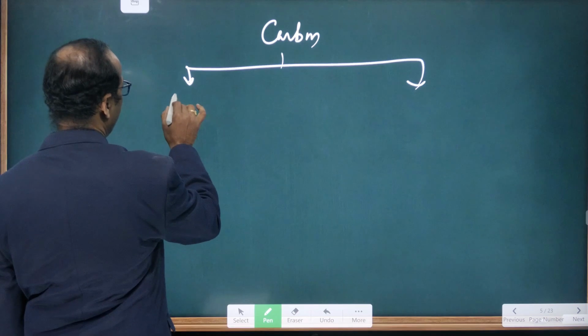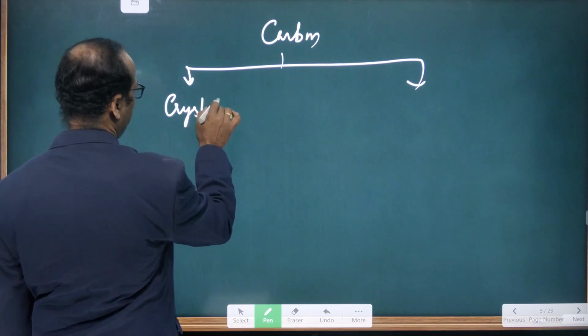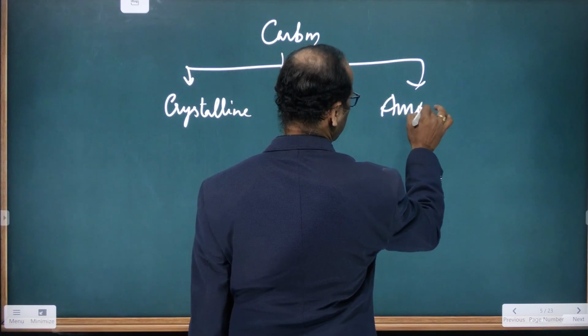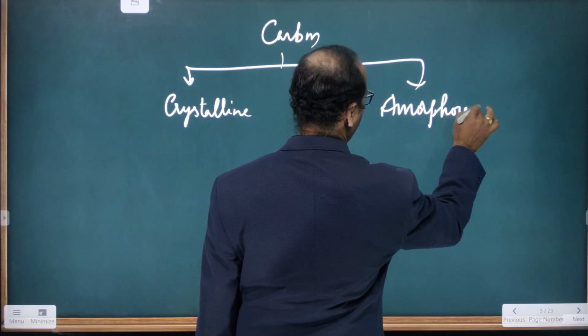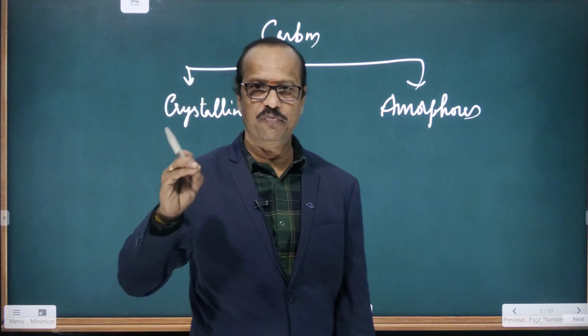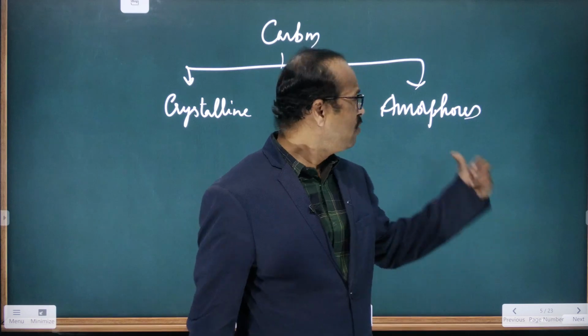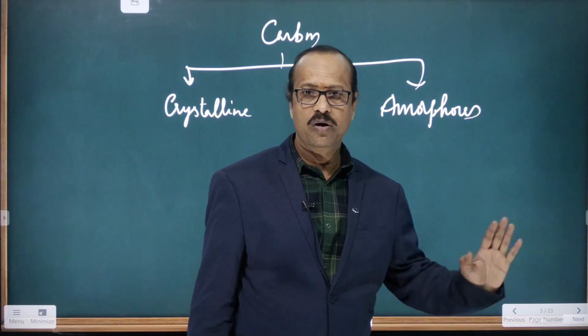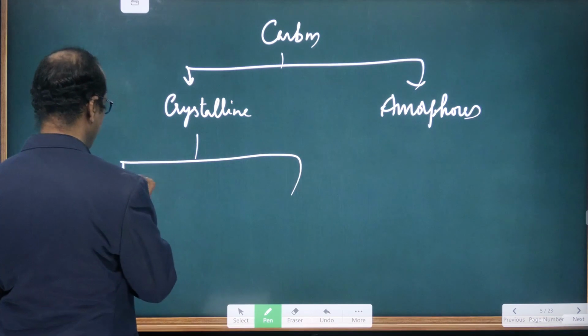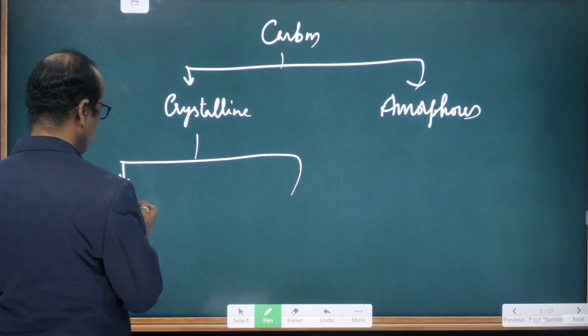Carbon is available in crystalline form and also in amorphous form. Crystalline means which have a proper structure, a definite shape. Which do not have a proper shape are called amorphous. Again in the crystalline, carbon is available in the form of diamond.